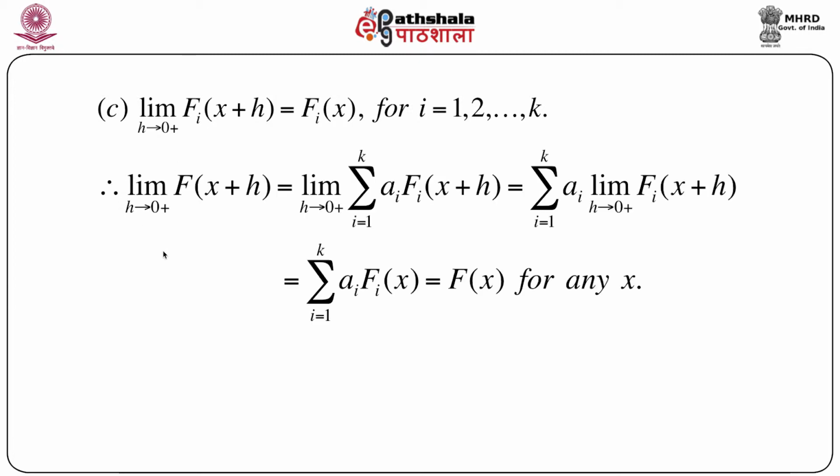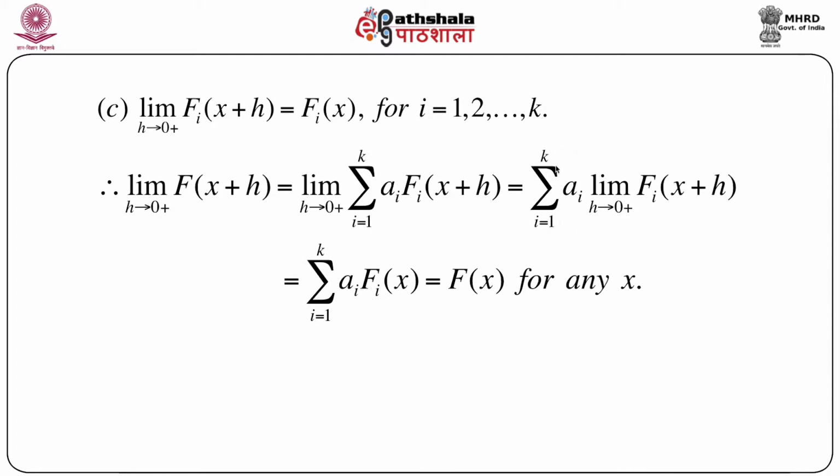So now the proof is again very simple. Limit h goes to 0 plus F(x plus h) equals limit h goes to 0 plus summation i equals 1 to k a_i F_i(x plus h). Again, there is no problem in bringing the limit inside the summation sign, because k is finite, that means this is a finite sum.